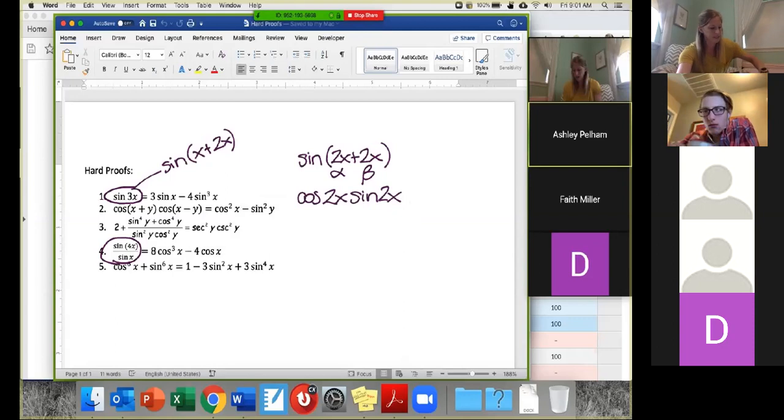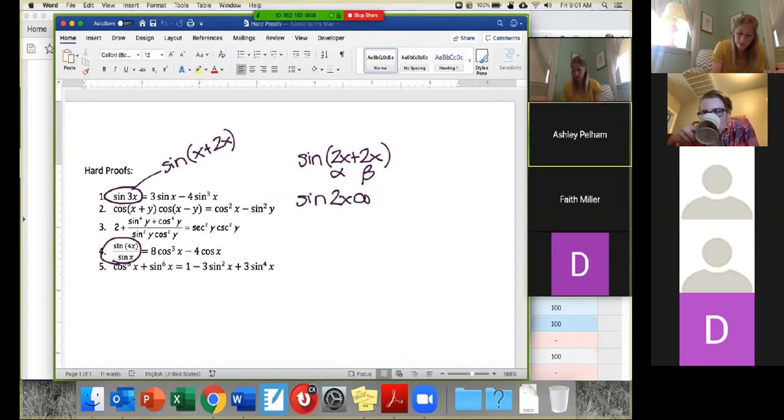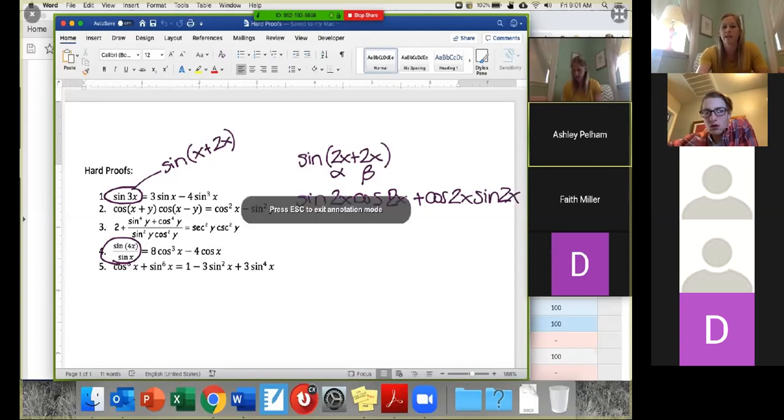So my sine addition formula tells me it's sine of alpha, cosine of beta. So I messed that up already. There we go. Sine of alpha, cosine of beta, plus cosine alpha, sine of beta. So using both 2x's as my alpha and my beta, I can go ahead and work through that one.